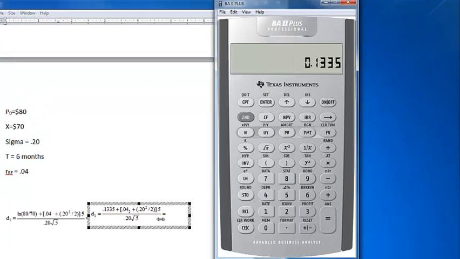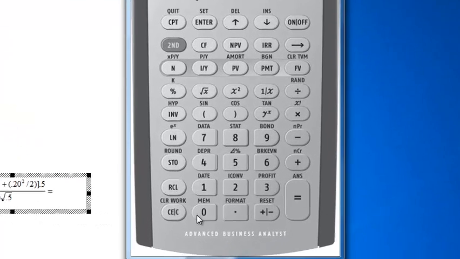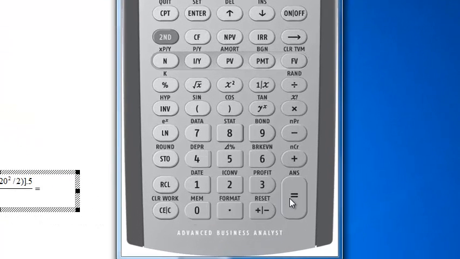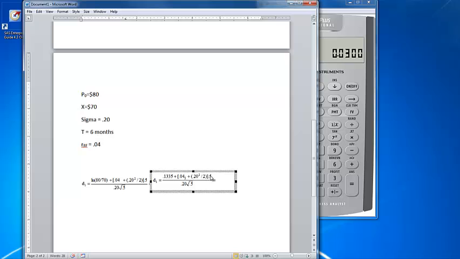For the second argument, I'll start in the top portion. I'll start with 0.2 squared divided by 2 plus the risk-free rate of 0.04 multiplied by 0.5, which gives us an answer of 0.03.